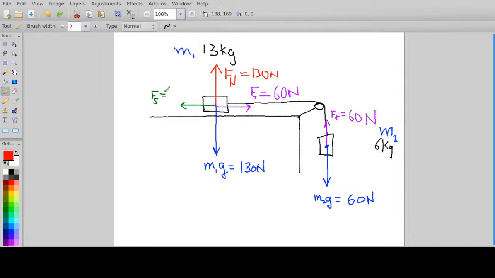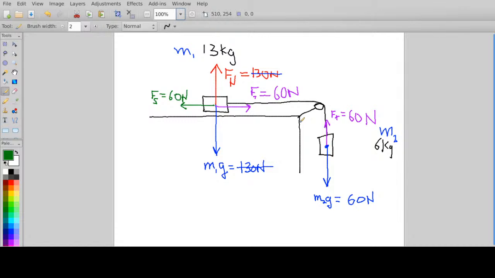And then we have the force of static friction. And let's think about this. Let me use a different color here. The 130 newtons up will cancel the 130 newtons down. Okay, great. The 60 newtons to the right has to cancel 60 newtons to the left. Why? Well, because if it didn't, once again, the box would move.